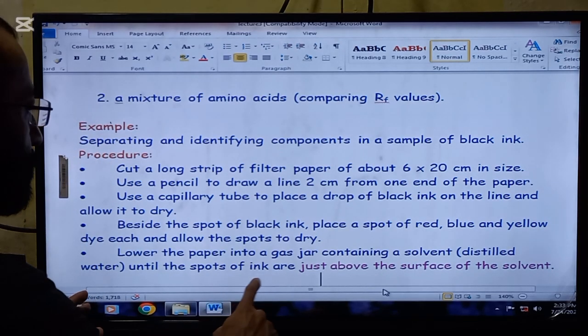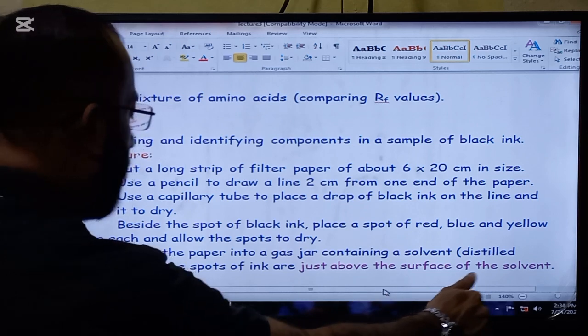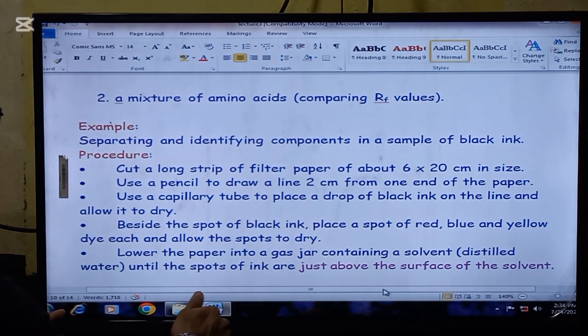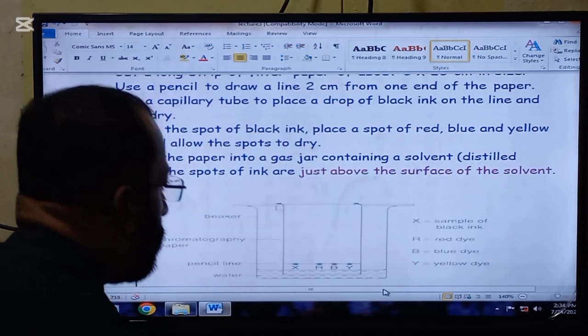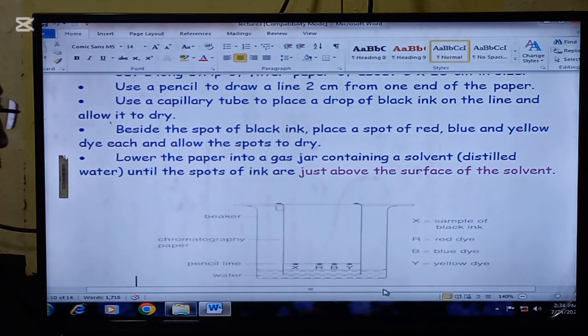Lower the paper into a gas jar containing a solvent, that is distilled water, until the spots of the ink are just above the surface of the solvent. So look now, here is the figure.